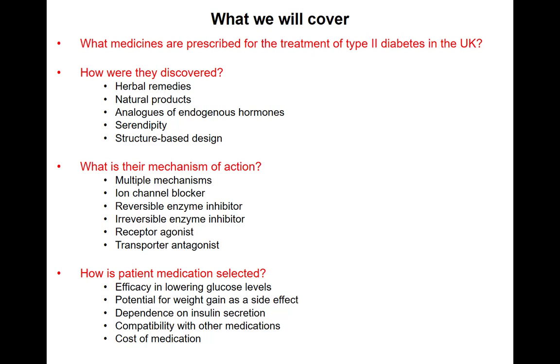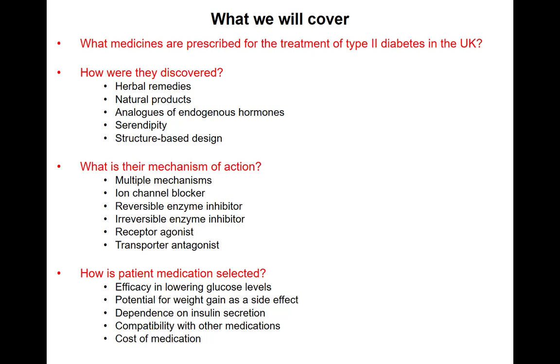And then there are some of these drugs, as we'll see, in terms of the way they act pharmacologically, they do depend on the secretion of insulin by the pancreatic beta cells. And if the patient is deficient in insulin production, then these drugs will not have the maximum benefit to them. Some of these patients will be taking other medications. So then there's also the question of a drug-drug interaction that might prevent certain combinations from being co-administered.